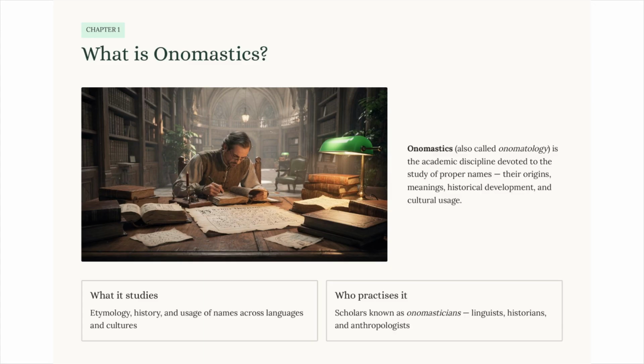This field studies names across languages and cultures, which makes it highly interdisciplinary. Specialists in this area are known as onomasticians. They are often linguists, historians, and anthropologists because the study of names connects language with history, society, and human behavior. So, onomastics is not only about words, it is also about people and the world they live in.